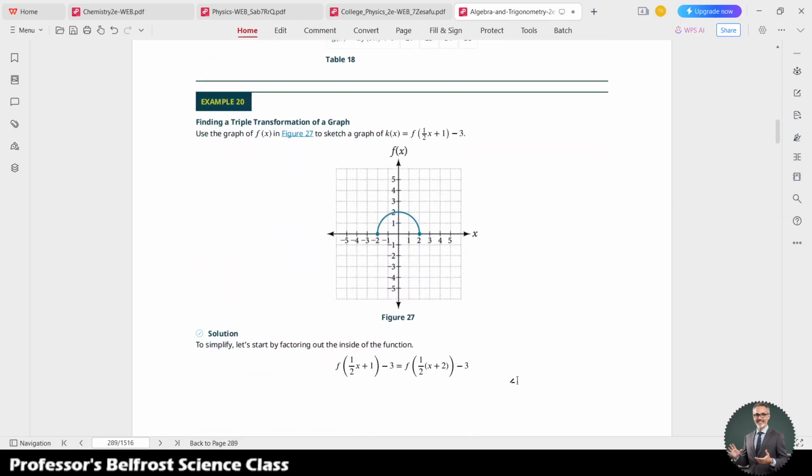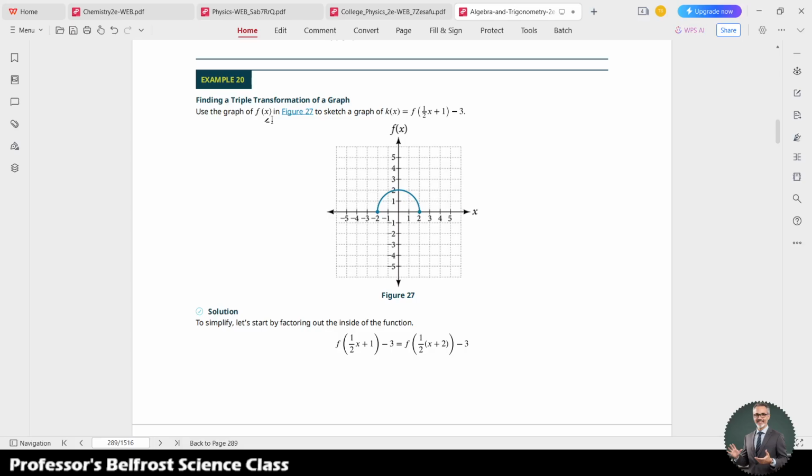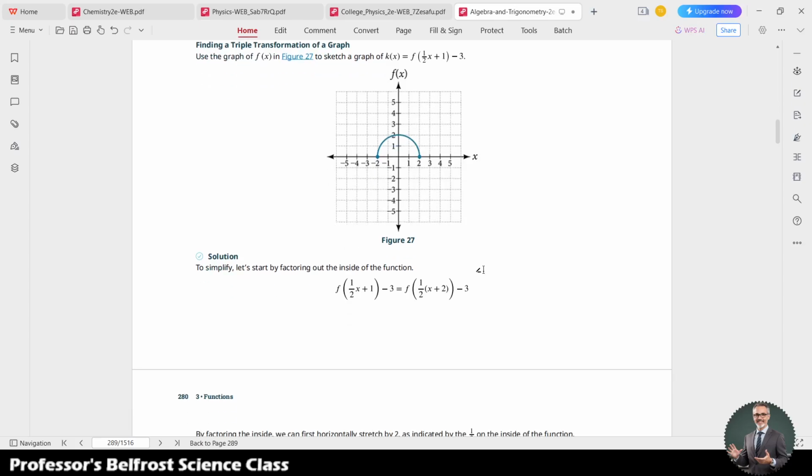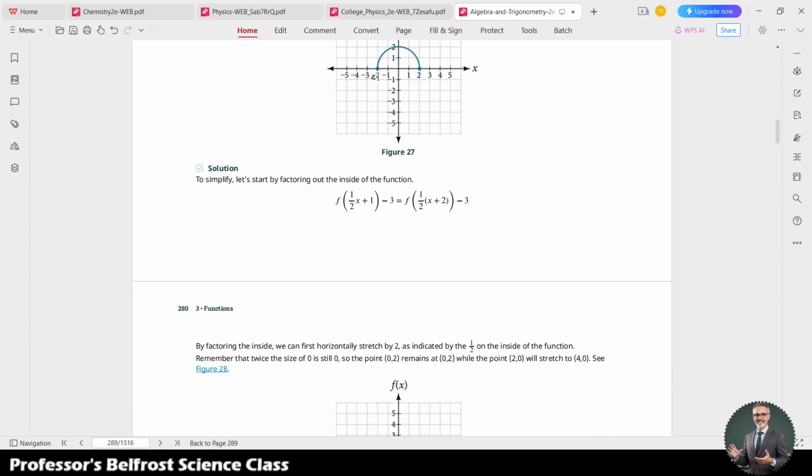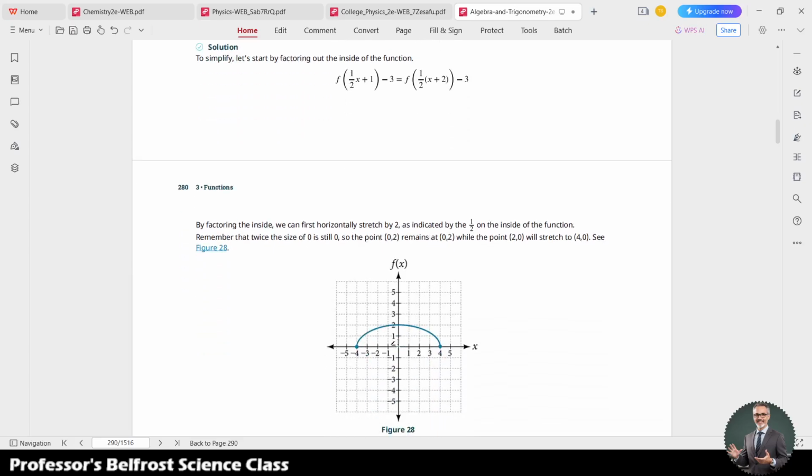Easy, right? And then use the graph of f(x) in figure 37 to sketch a graph of k(x) equals f(half x plus 1) minus 3. With this, how do you solve it? Actually, it's simple. First, you stretch it horizontally with factor 2, right? You stretch it like this.